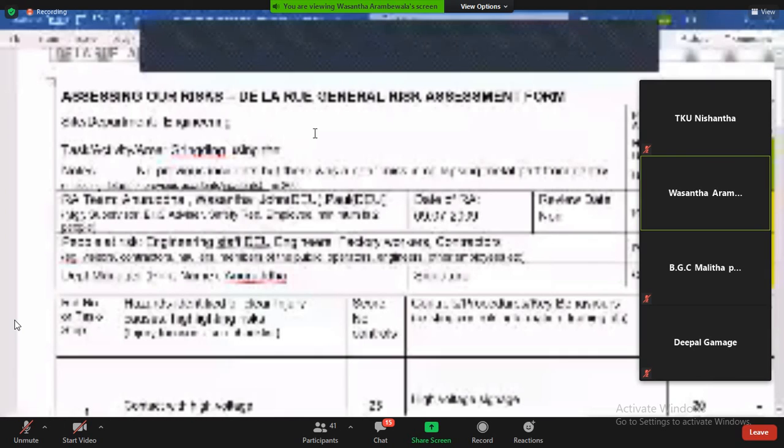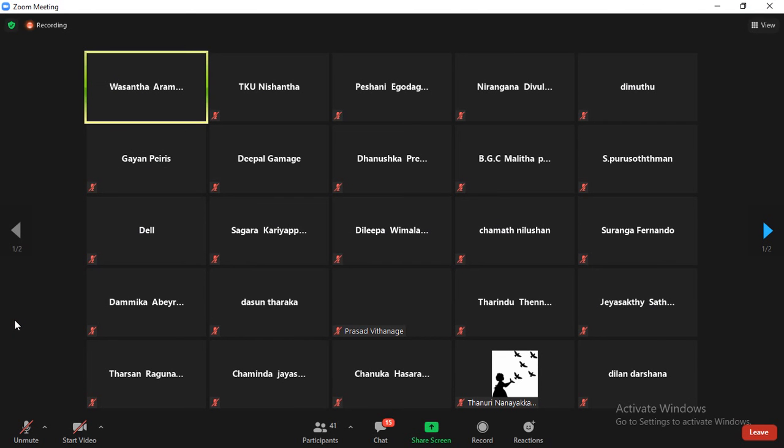Then you are doing the assessment like this. You can do it as per whatever you want, whether it is substances or something like that.